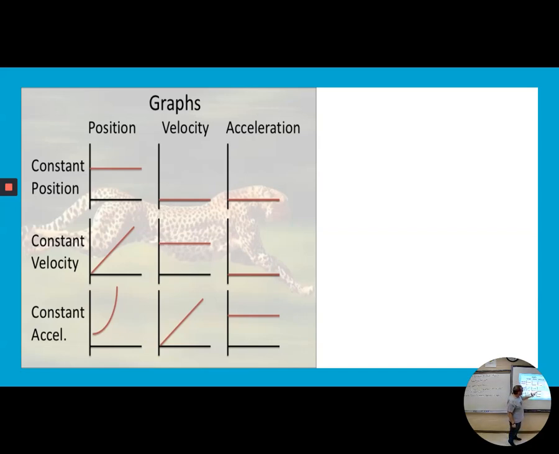Since it's constant, again, there's 0 acceleration. You're not changing your speed during that interval. And then the final one, if I'm under constant acceleration, then I have a curve on this first one. I am moving faster and faster, which means that my velocity graph is increasing at a constant rate, which means, hey, now I do have constant acceleration.